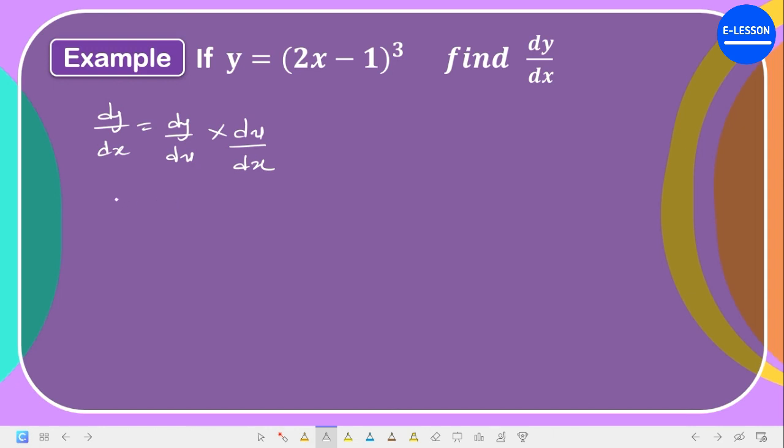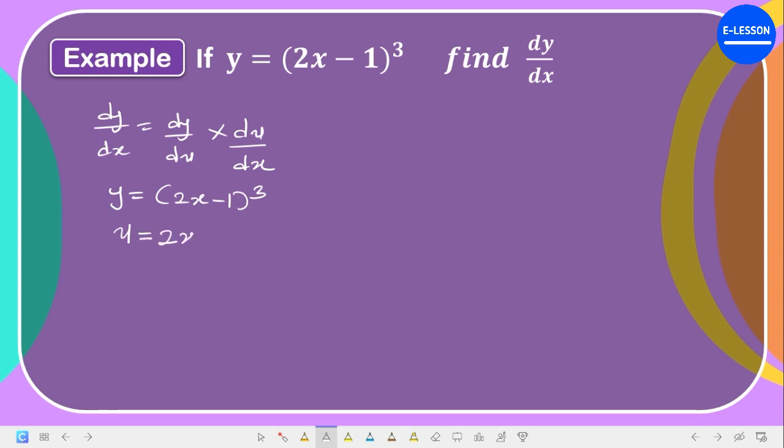Whenever you are given something like this, y is equal to 2x minus 1 raised to the power of 3. What you do is make everything inside the brackets equal to a particular letter, in this case u. So let u be equal to everything in the bracket.